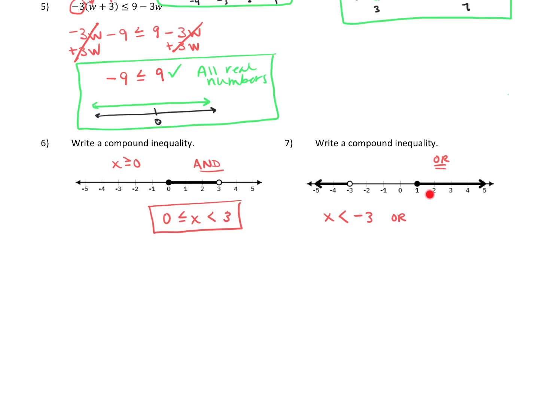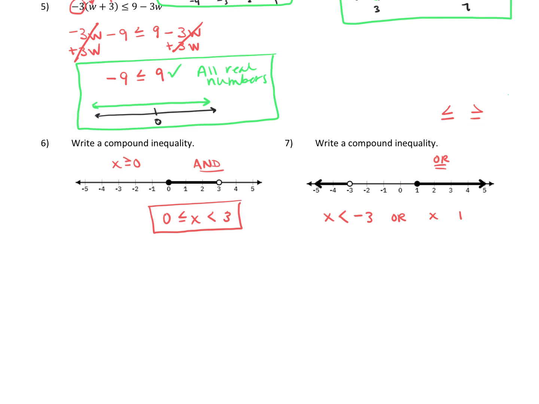Now here we have to write an inequality for this. We have a closed circle at 1. So we'll follow the same thing we just did. I'm going to write the x on the left, the 1 on the right, and fill in the inequality in between. Because it's a closed circle, that means it's either less than or equal to or greater than or equal to. We have to include that or equal to.